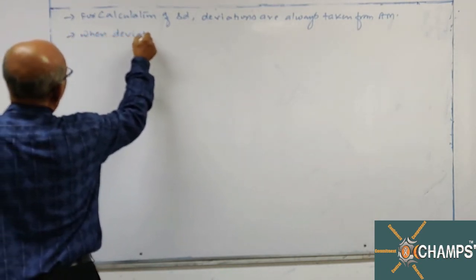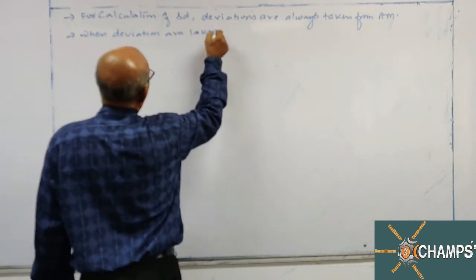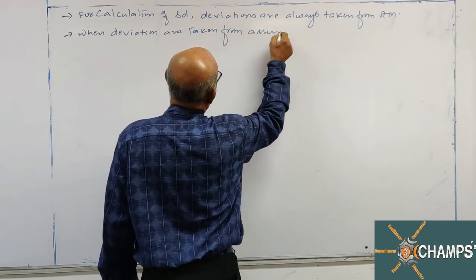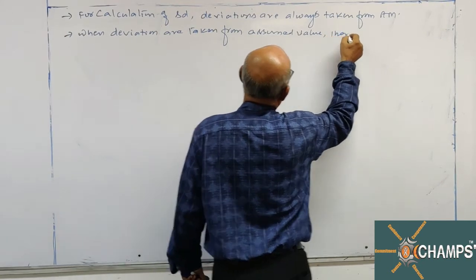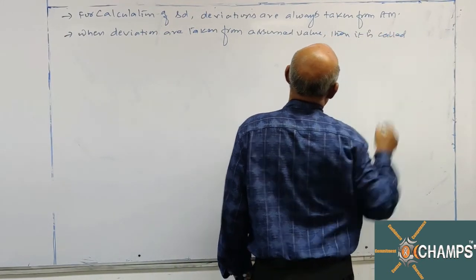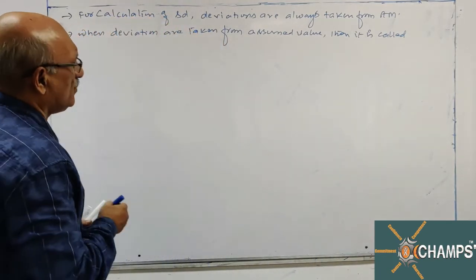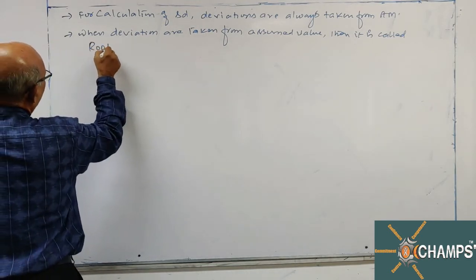When deviations are taken from assumed value, then it is called root mean square deviation.